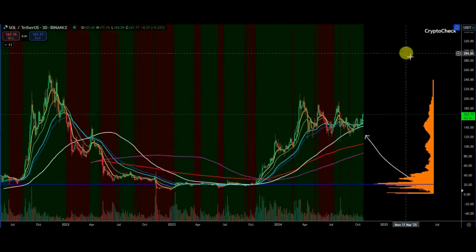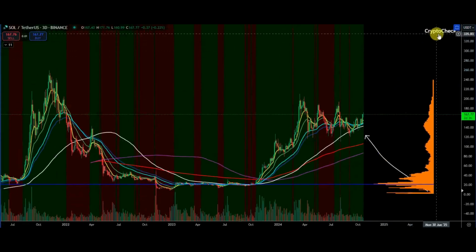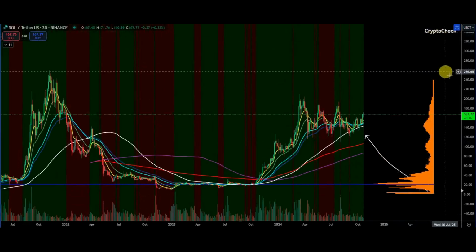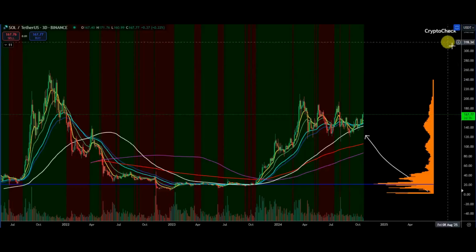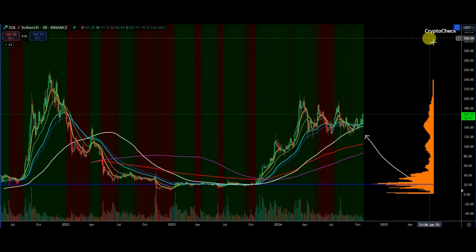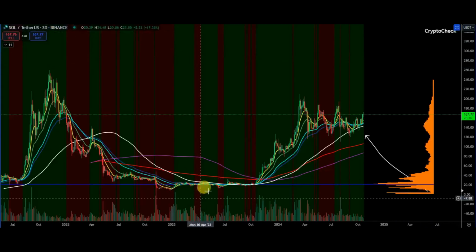Now I had an idea. I wanted to increase this, and I wanted to have multiple settings up here potentially. I didn't know what way to go about it. I didn't know if I wanted to do different time frames, like the 1 hour, the 4 hour, the 12 hour.